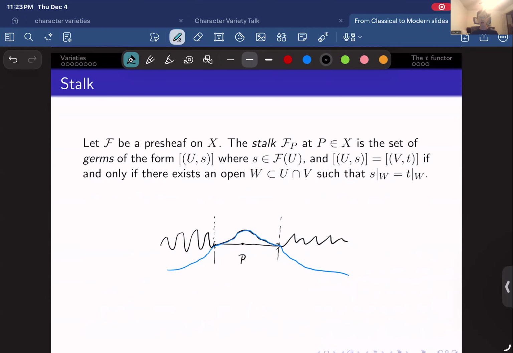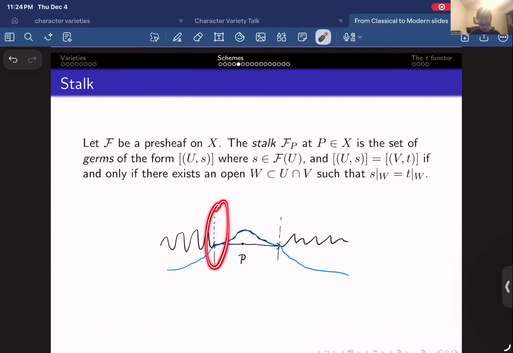Let's say I have two functions I drew over here that are wildly different outside of this open neighborhood that I drew. But besides that, they're identical over this smaller open subset that is around p. So I can conclude that they actually represent the same stalk, despite the wild behavior outside of this.